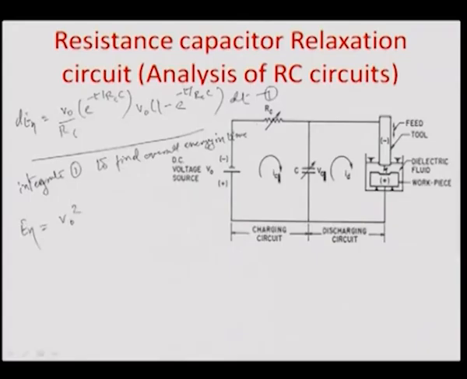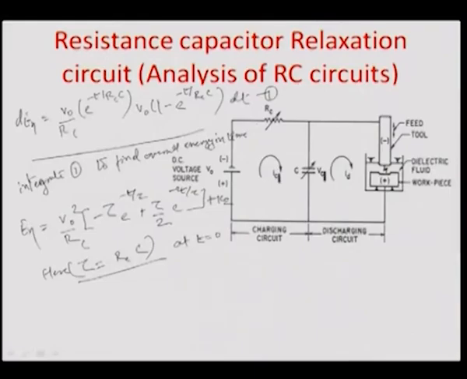equals V0 squared by R times (minus tau e to the power of minus t by tau plus tau by 2 e to the power of minus 2t by tau) plus k2. Here the tau is the time constant, which has been assumed to be RC. So, at time t equal to 0, we know that the total amount of energy which has been delivered to the capacitor is also 0.